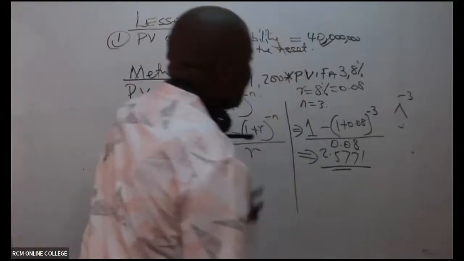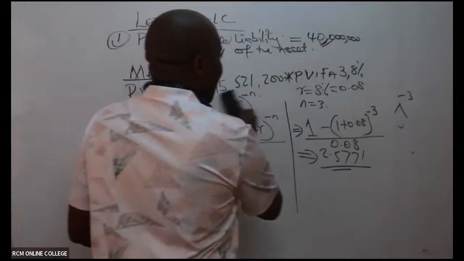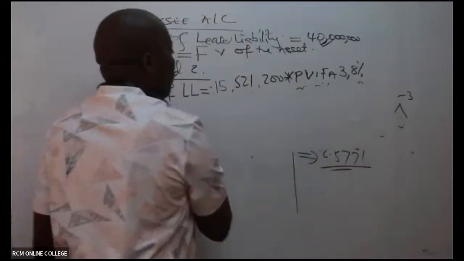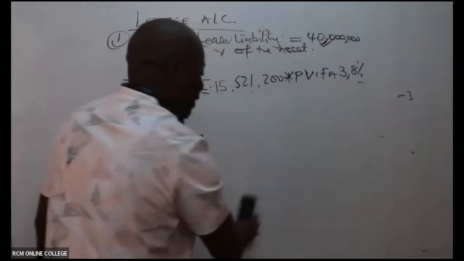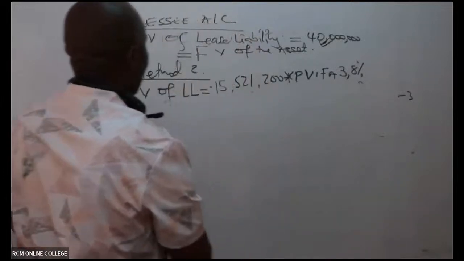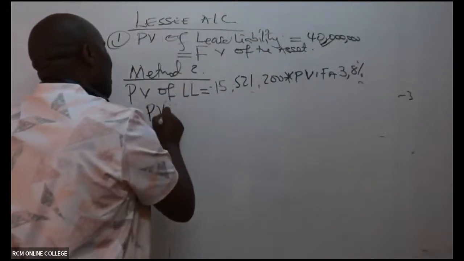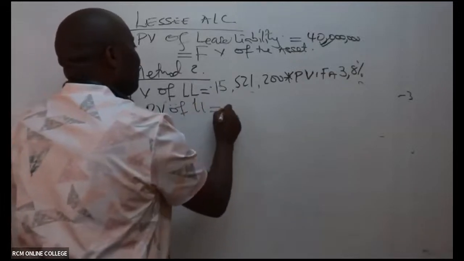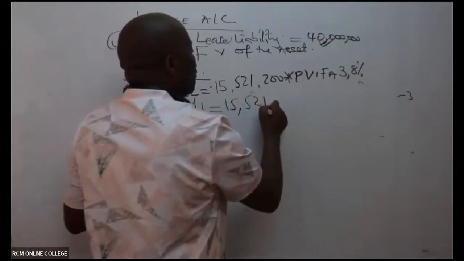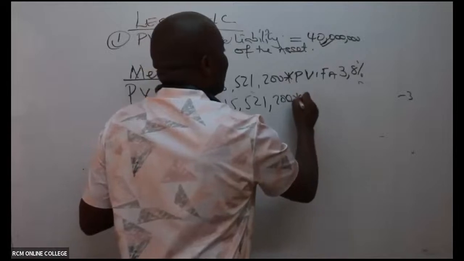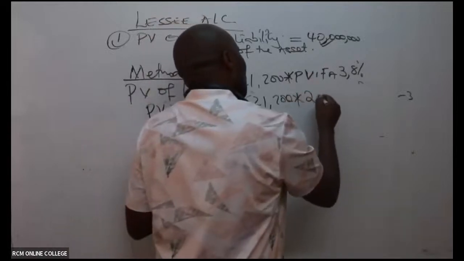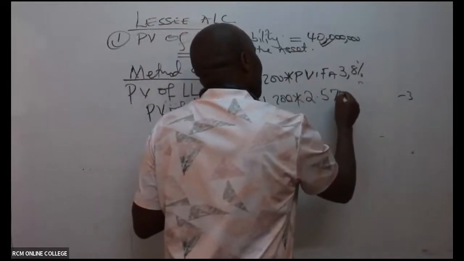So then we have this one, which is really nice. The present value of lease liability will be this 15,521,200 times the PV you guys have been able to get there, which is 2.5771.